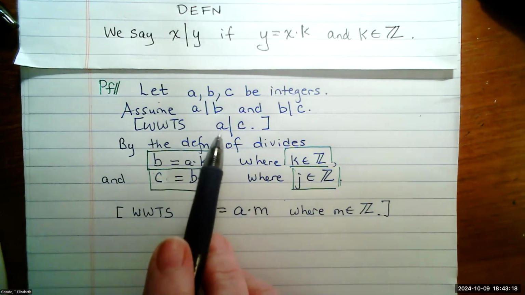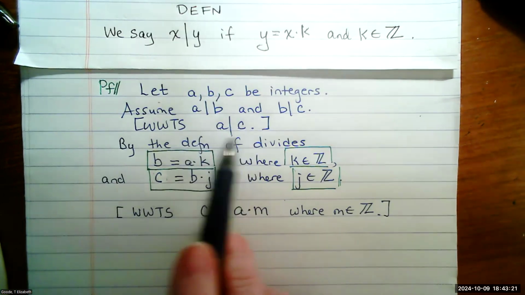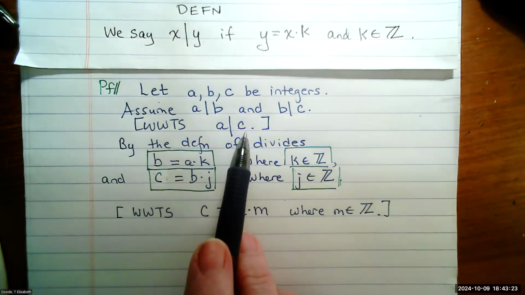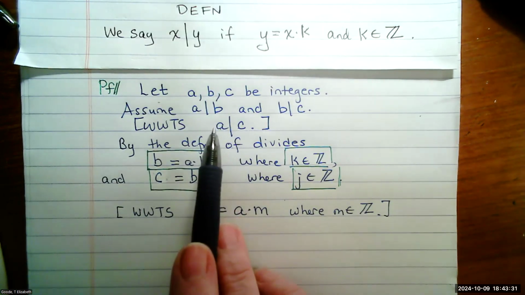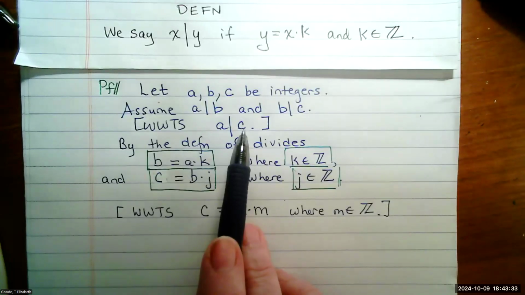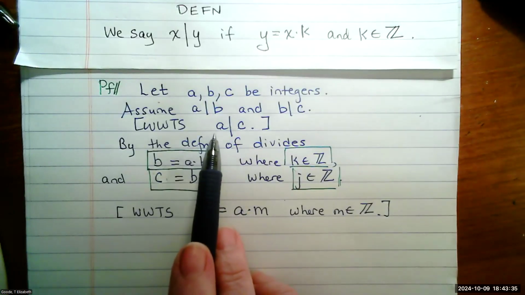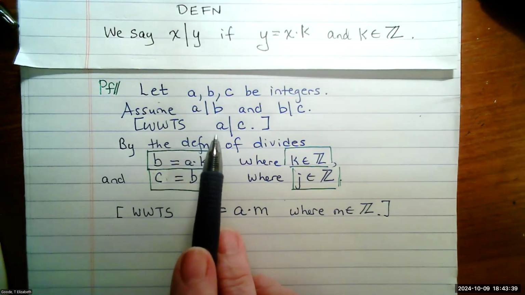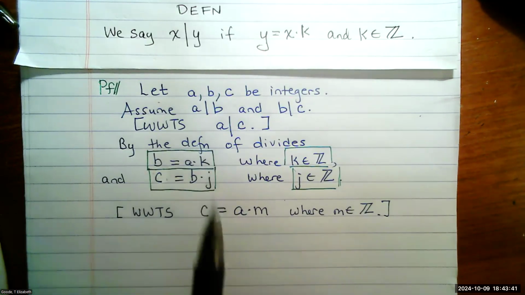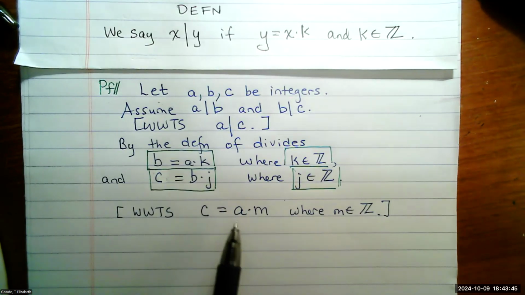You see, if we don't really unpack what A divides C means, we may not be aware that what we need to be looking at is C. Because if we just read A divides C, we might be thinking that we need to do something with A. Well, A is involved, but what we really need to be looking at is C. We're going to show it is a multiple of A.